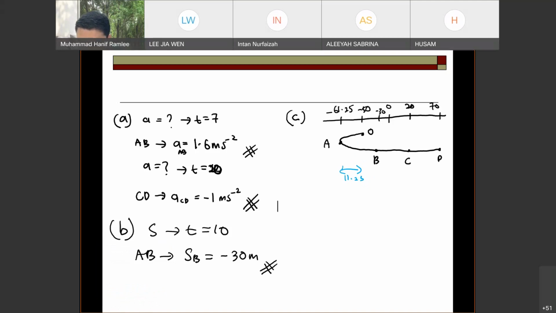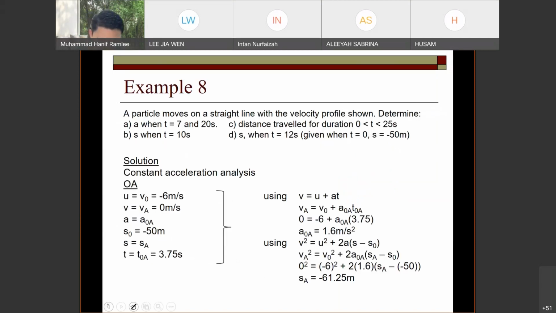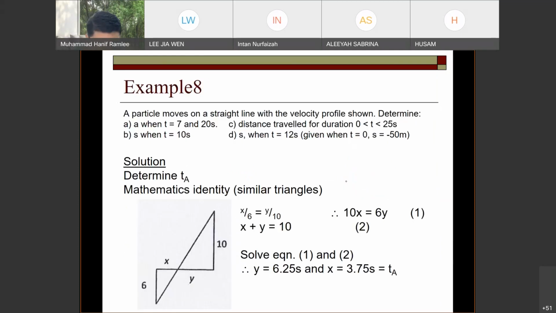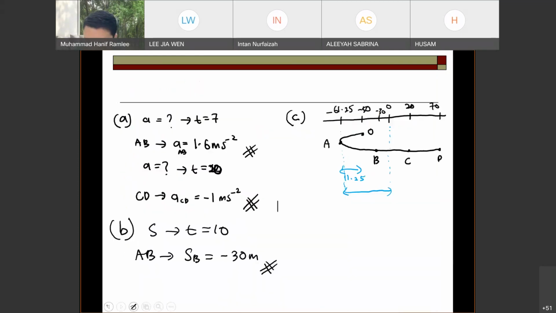Again, until this one, this one, should be 61.25. And the last one is here, 70. So this is the total region, and you have to add all together to get the answer.